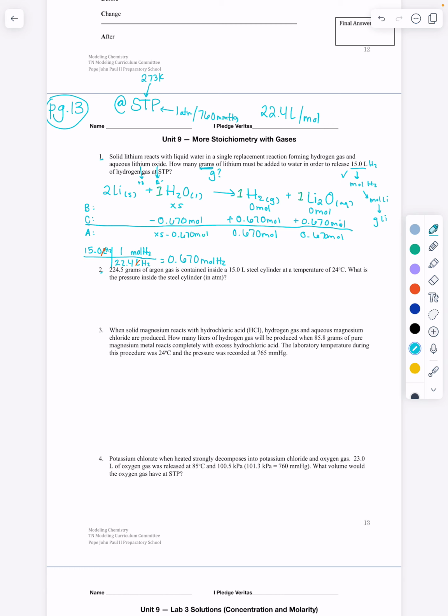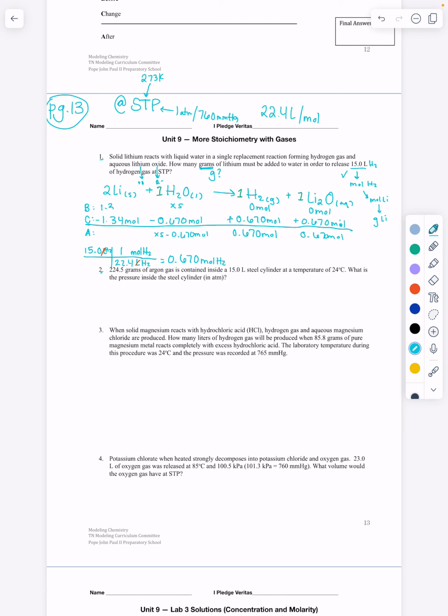Okay, so now to lithium. You'll notice that lithium and hydrogen are a 2:1 ratio. So that means that for every 1 mole of hydrogen that is formed, 2 moles of lithium reacted. So I just need to multiply my change of hydrogen by 2, and that will give me 1.34 moles of lithium reacted.